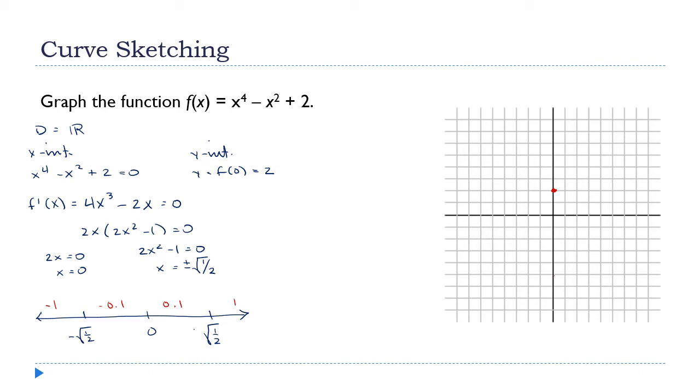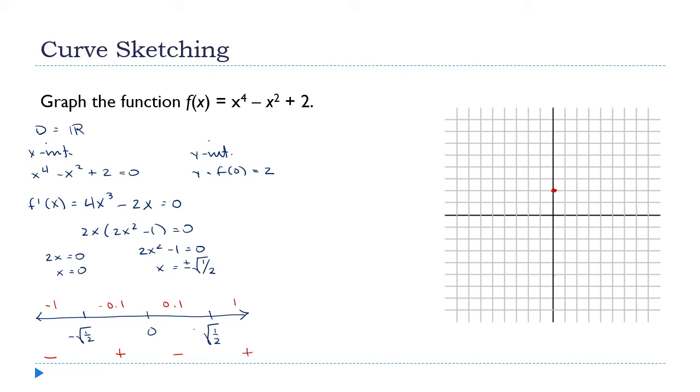All right, so if we test these, if you put negative 1 in there, you get negative 2 times 2 minus 1. That's 1. So this is negative. If you put negative 0.1 in there, you can check me on this, you're going to get a positive number. 0.1 gets you a negative number, and 1 gets you a positive number.